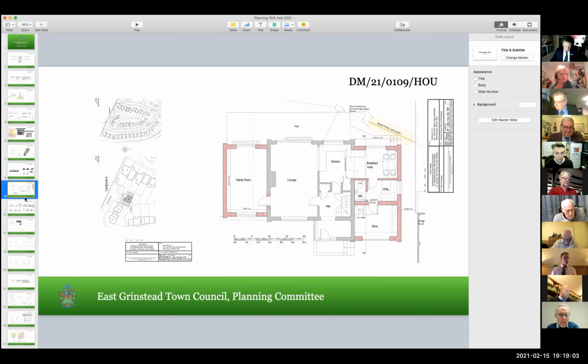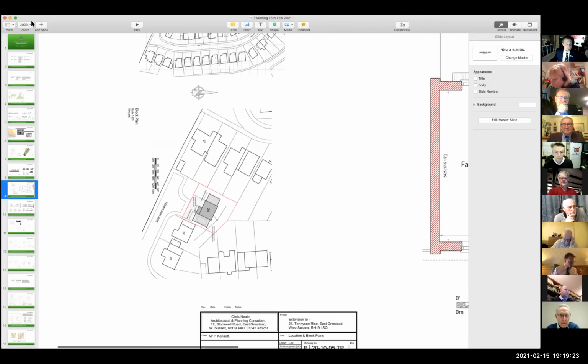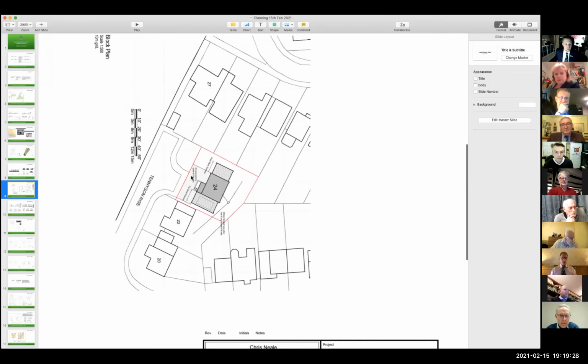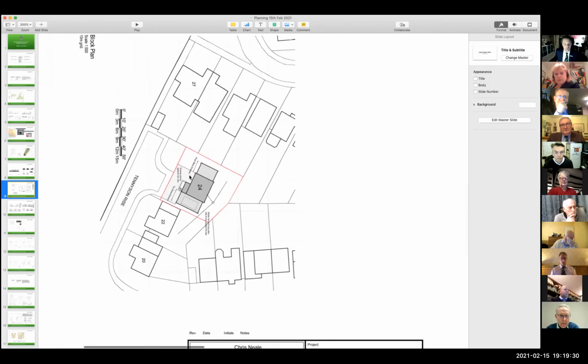Okay, so we are going to head back to Imberhorn for DM 210109. This is 24 Tennyson Rise. This is demolition of existing garage and proposed 2-storey side extension and single-storey side extension. If I zoom up on the map here, you can probably see a bit better where it sits at the end of Tennyson Rise.